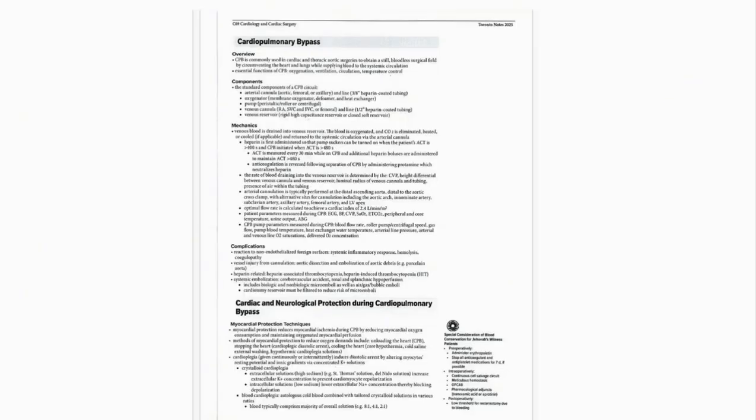Heparin-related complications. Patients may develop heparin-associated thrombocytopenia and heparin-induced thrombocytopenia, or HIT. These conditions require prompt recognition and alternative anticoagulation. Systemic embolization.